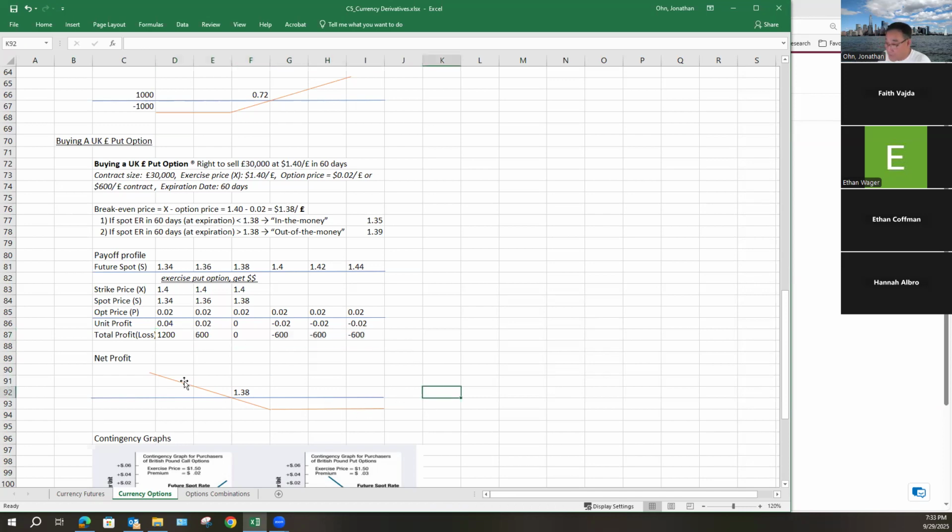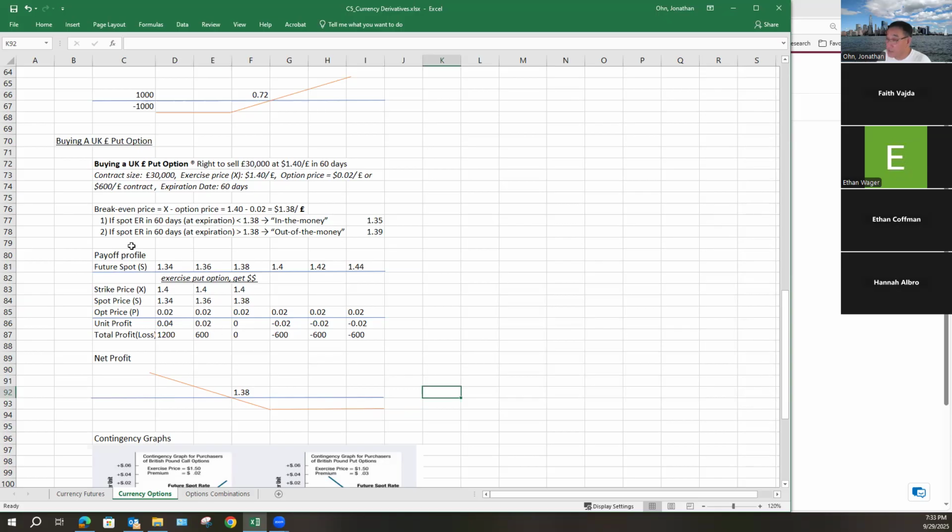So this way, when the future spot rate is less than your break-even price, you start to enjoy profit, and if it is higher than that, then you are protected.